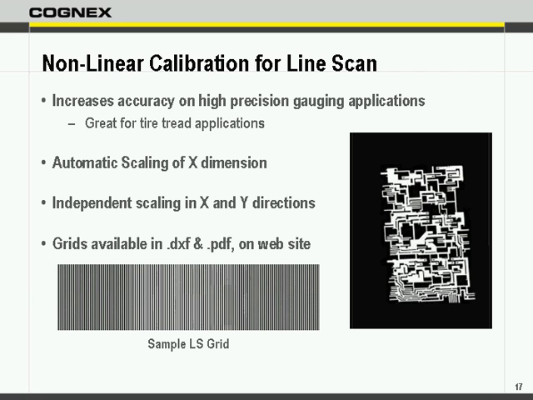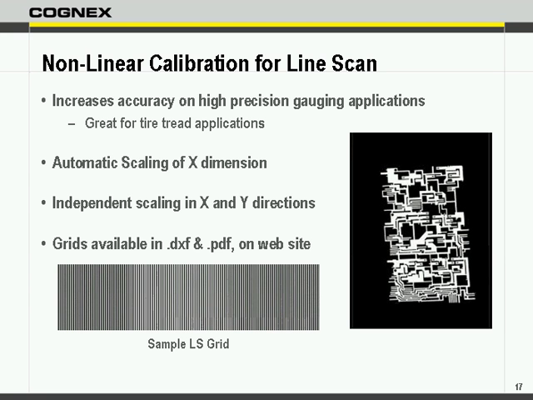Next thing we'll move on to is talking about nonlinear line scan calibration. This calibration routine, you'll see as far as the UI is concerned, is very similar to what already existed in Intellect. What's very different is the grid that you use.